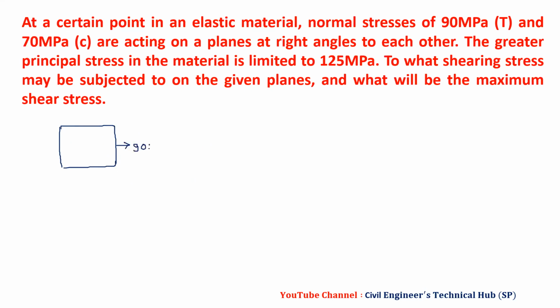So we have this as 90 MPa, and then we have 70 MPa compression. And we have to find the value of tau.